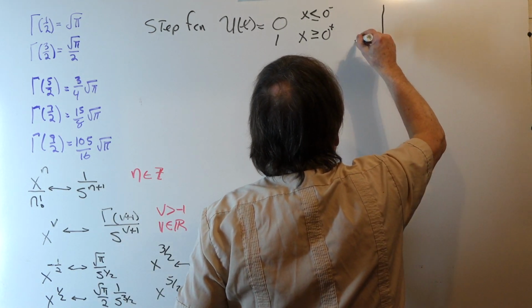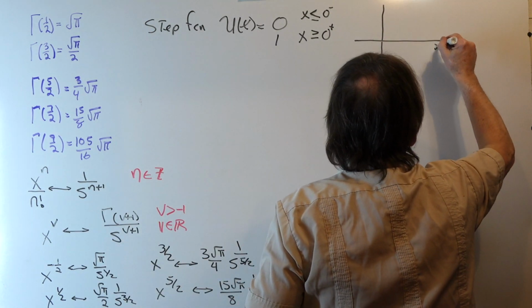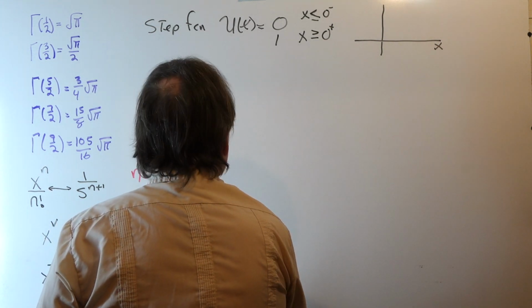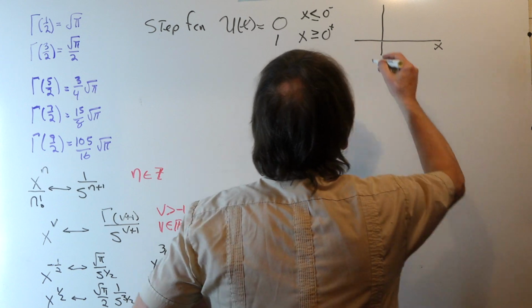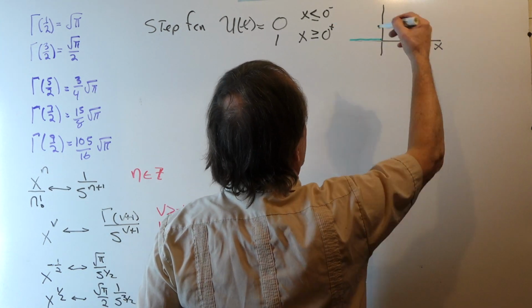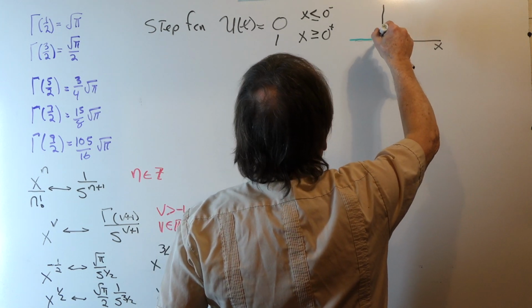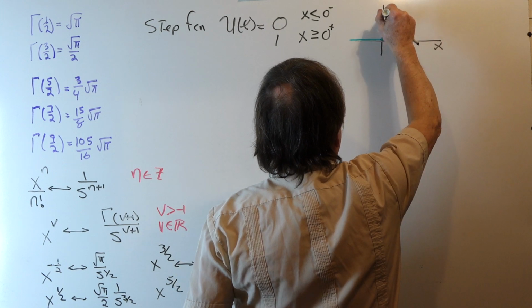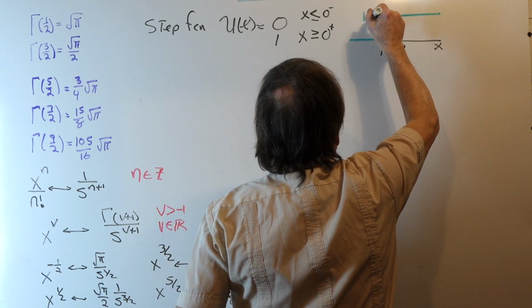What it looks like is, if we plot with x, the step function is 0 for negative values of x, and just to the left of 0 it's still 0, and then just to the right of 0, it jumps up to the value of 1.